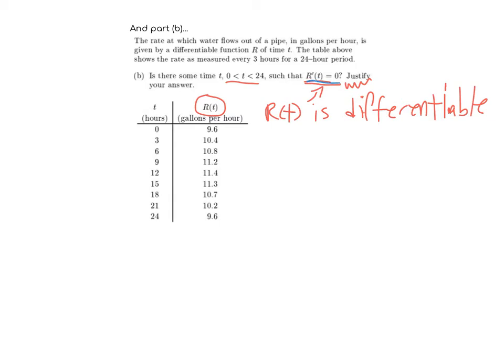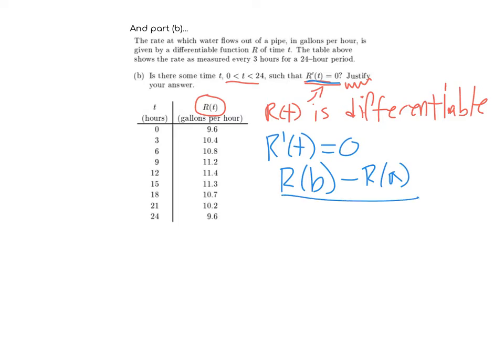So, for r prime of t to equal 0, we have to have some other interval such that r of b minus r of a over b minus a, in other words, the slope between 2 points, must equal 0 as well. So in order to do that, what I'm looking for are two values that would make me get a 0 slope, and I can see that pretty quickly because we have two values that are the same height. In fact, those are the only two that are the same height.